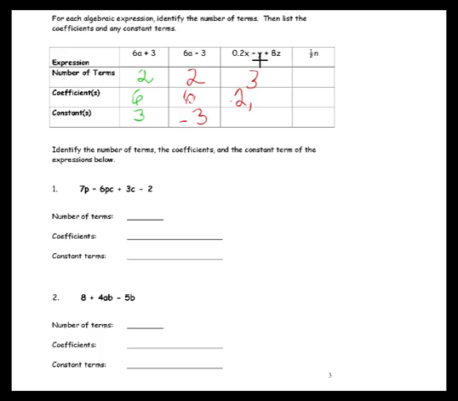Our coefficient for y is negative 1, because if you just see a letter, assume there is a 1 in front of it, and because it's minus, it's going to be negative 1. And then the last coefficient is 8. And for this one, there is no constant, so I'm just going to put none.